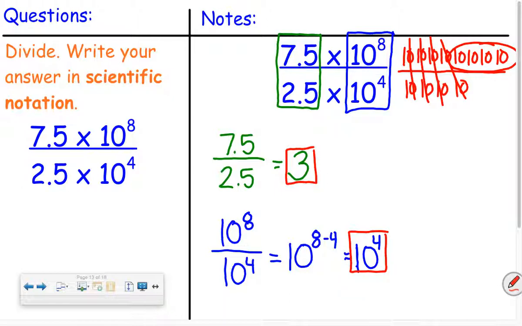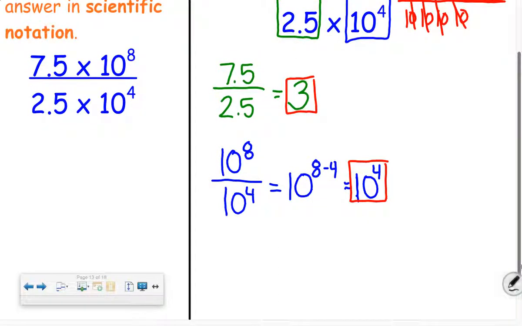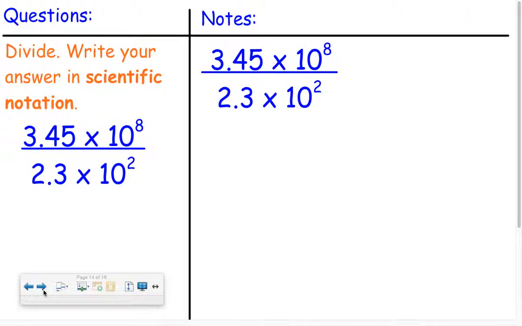So then if I group my two parts of my answer together, I get 3 times 10 to the 4th power. So that answer is in between 1 and 9.9, so I'm done. All right, two more. 3.45 times 10 to the 8th divided by 2.3 times 10 to the 2nd. So divide these.